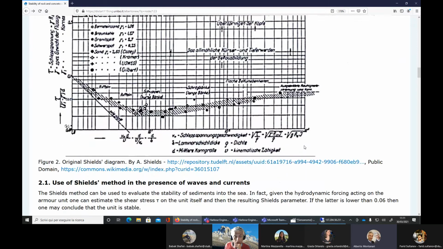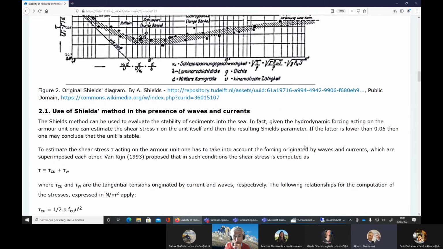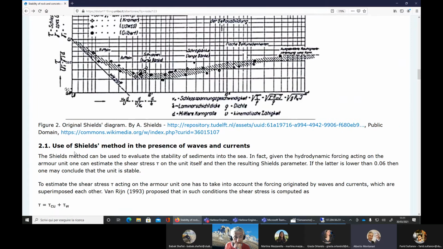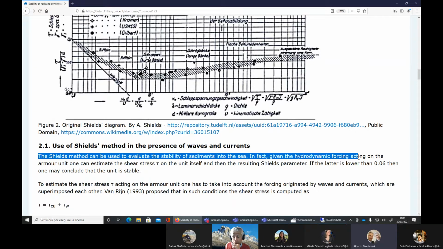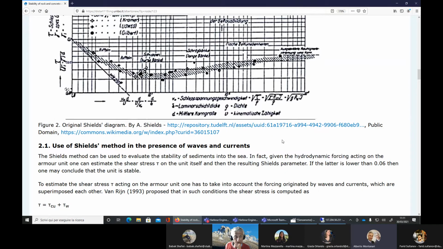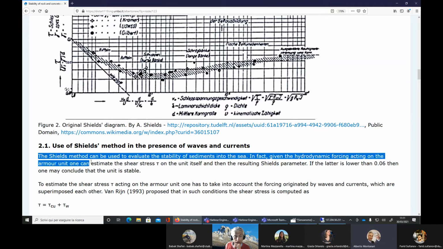Now, what can we conclude? We can conclude what is written here: the Shields method can be used to evaluate the stability of sediment or units in the sea. Given the hydrodynamic forcing acting on the harbour unit, one can estimate the shear stress tau on the unit itself, and then the resulting Shields parameter.